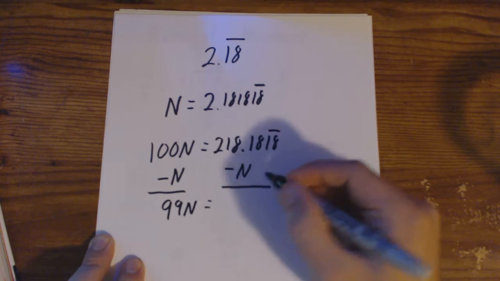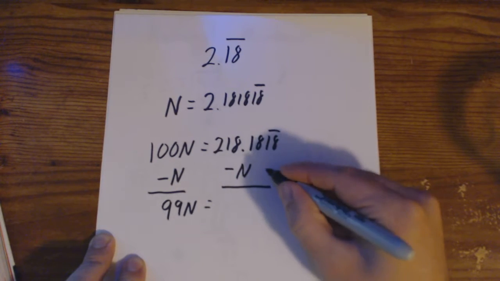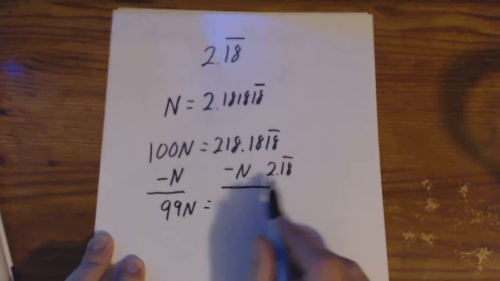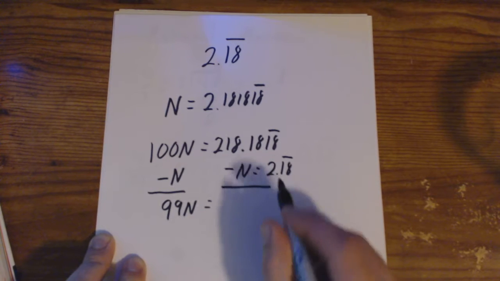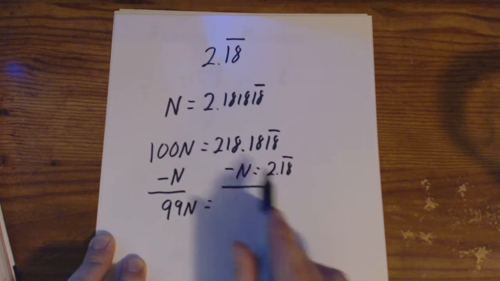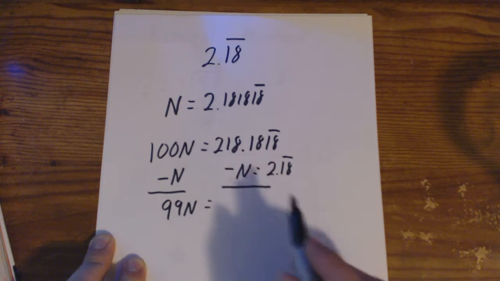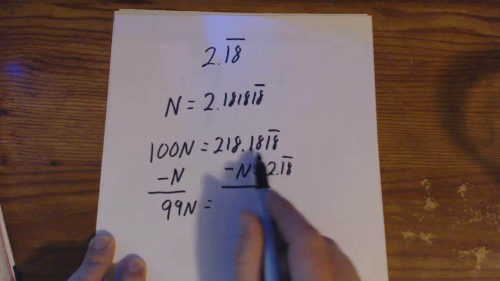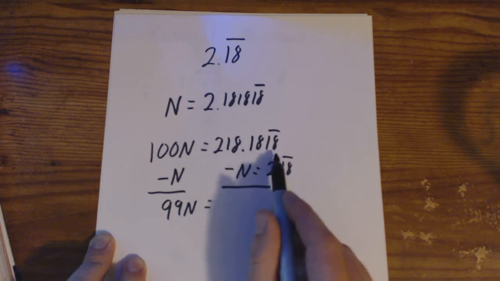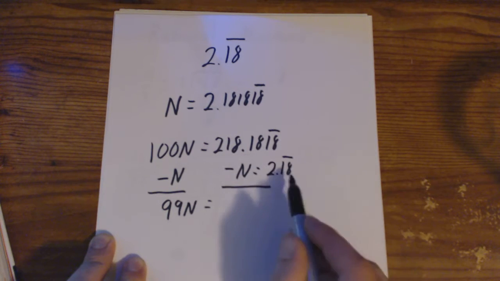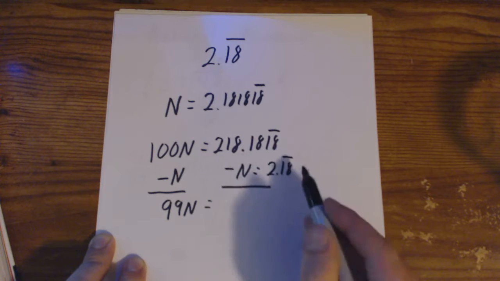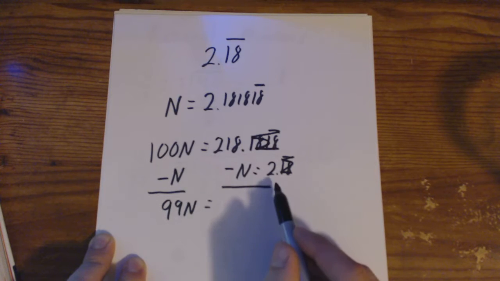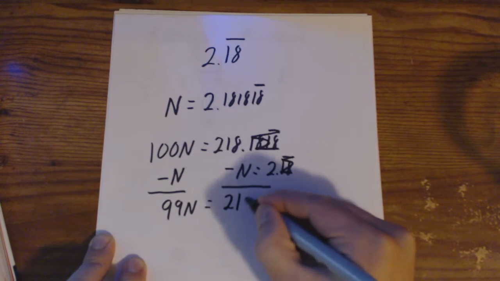Instead of just subtracting n, let's say we're going to subtract 2.18 repeating. Essentially, that is what n is. These two things are equal. Subtracting it from this, as long as the decimal goes on forever, we're essentially going to cancel this non-terminating repeating decimal. This 0.18, we're taking that off. That's going to cancel out. So we are left with 218 minus 2, which will be 216.